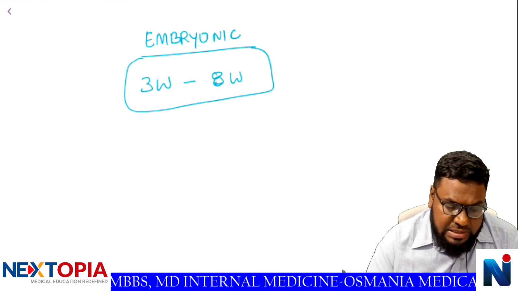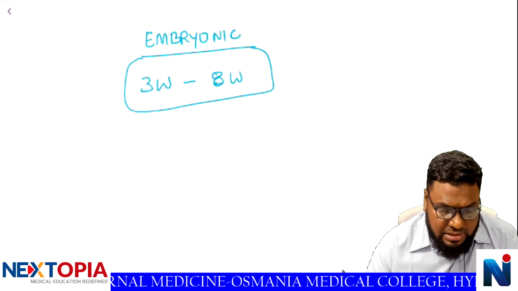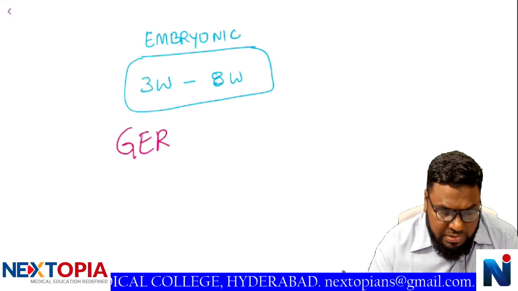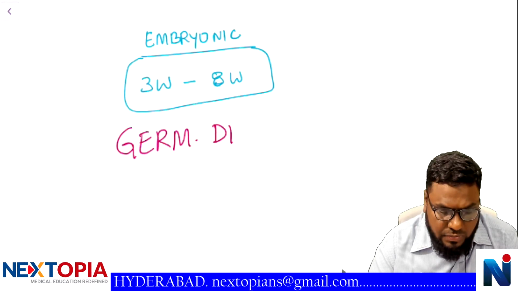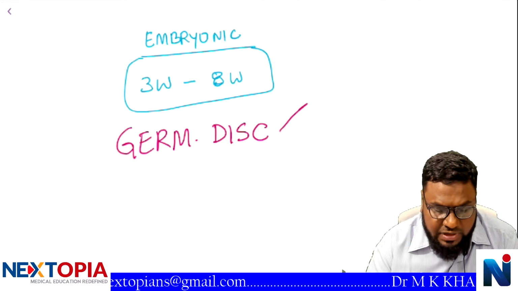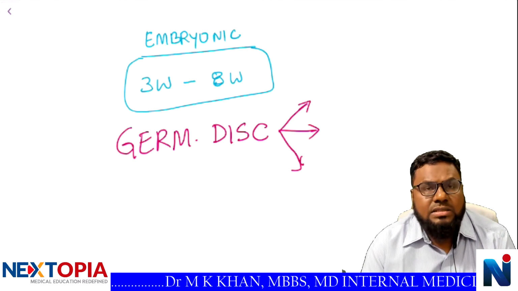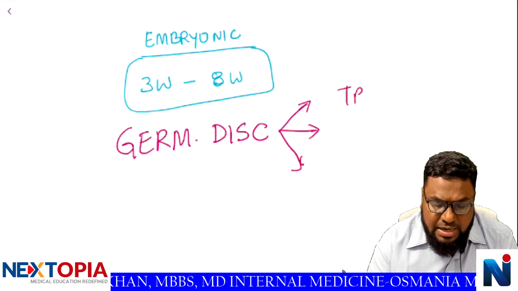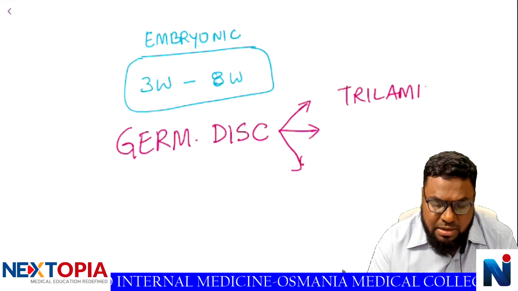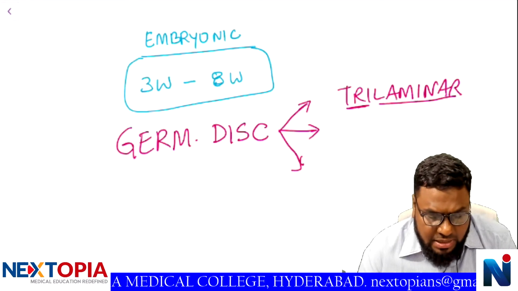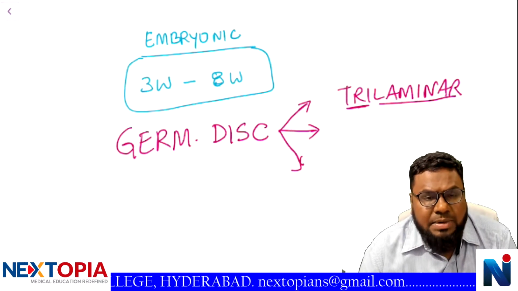Here what happens is the embryonic disc, now we are calling it a germ disc, is undergoing differentiation into triple layers, 3 layers. So we are calling it trilaminar. Laminar means layer, tri means 3. Trilaminar germ disc.